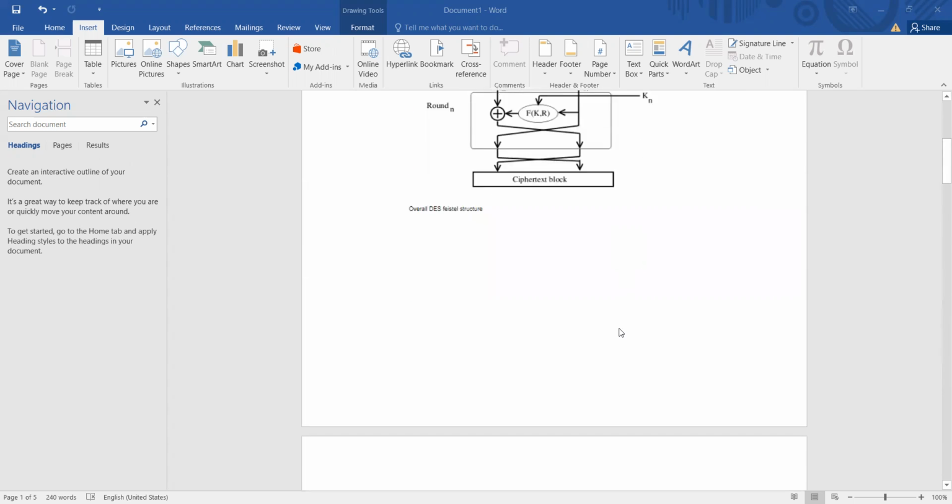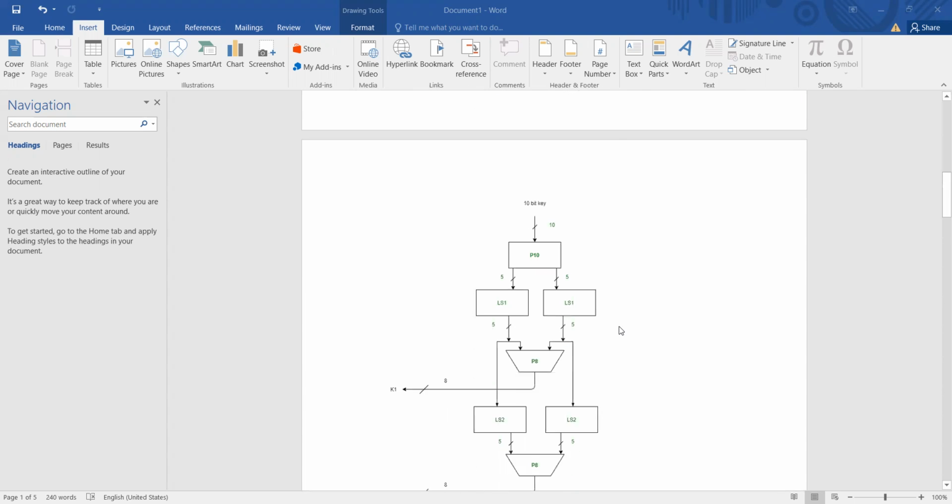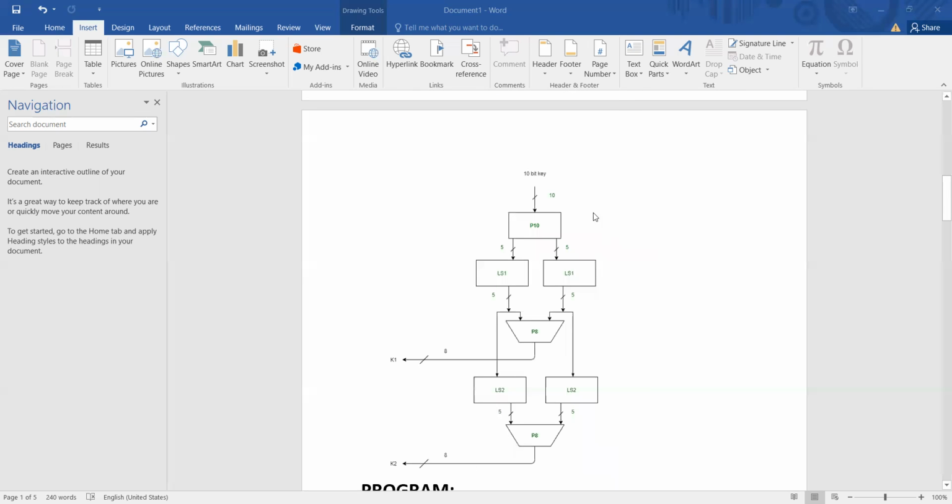Coming to the key generation block diagram, for example, if we take the input as 10 bits, next we take that input into the P10 permutation, and then we divide it into equal parts where the left side contains 5 bits and the right side contains 5 bits.